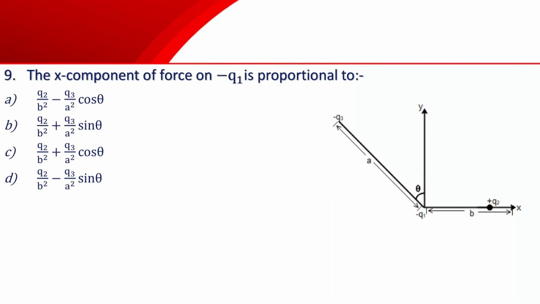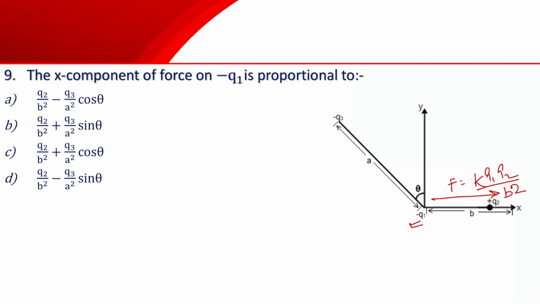Next question, the x component of force on minus Q1 is proportional to. Okay, we have to find the x component of force on this minus Q1 charge. So force on minus Q1 charge due to Q2 will be in this direction, because it will attract according to Coulomb's law, and that force we can write as K Q1 Q2 upon b square.